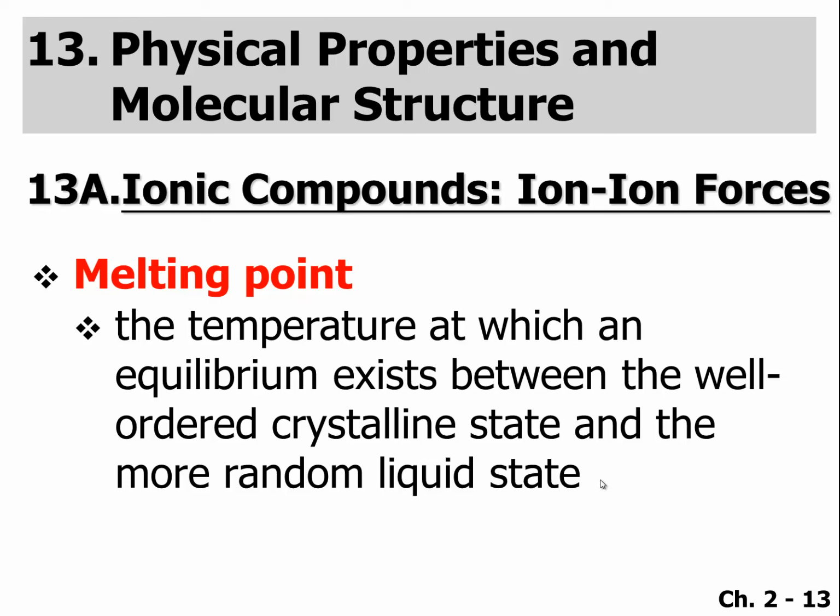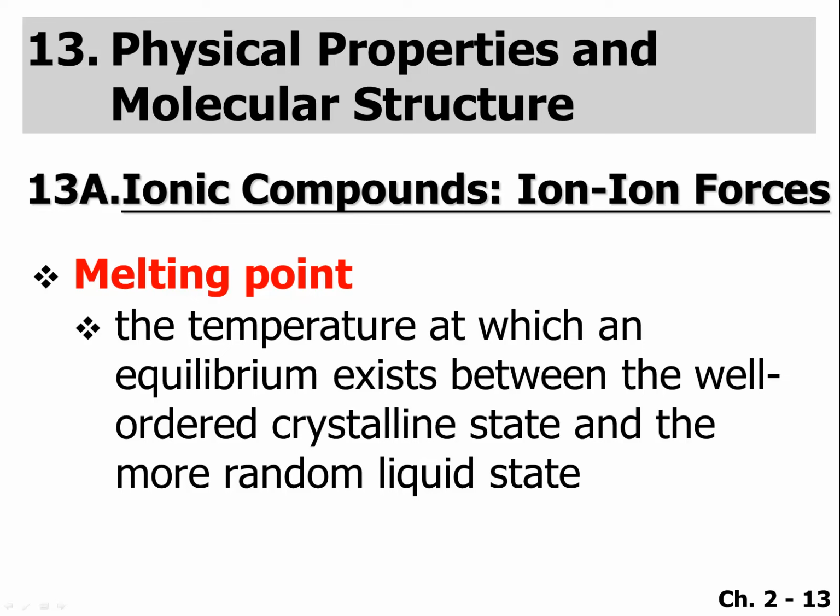So the first thing we want to look at, of course, as we start to relate our physical properties with our molecular structure, is melting points. The melting point is the temperature at which an equilibrium exists between a well-ordered crystalline state and a random liquid state.